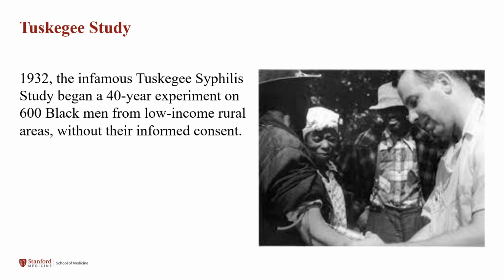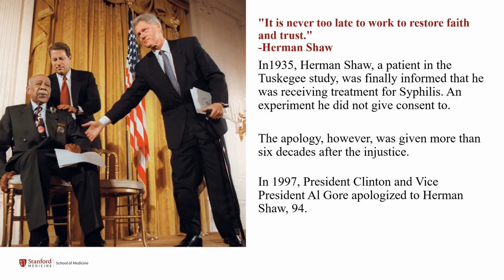In 1932, the infamous Tuskegee syphilis study began, a 40-year experiment on 600 black men from low-income rural areas without their informed consent. In 1935, Herman Shaw, a patient in the Tuskegee, was finally informed that he was receiving treatment for syphilis, an experiment he did not give consent to.